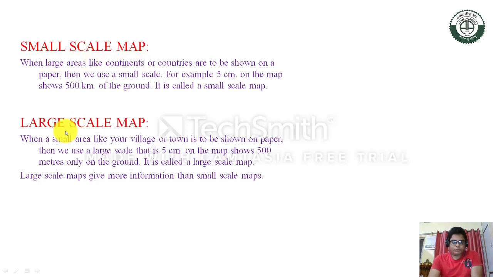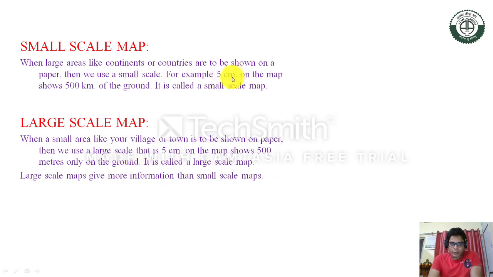Then come to the large scale map. When a small area like your village or your town is to be shown on paper, we use the large scale map. Here 5 centimeter on the map shows only 500 meters on the ground.